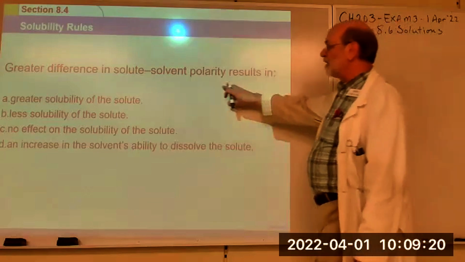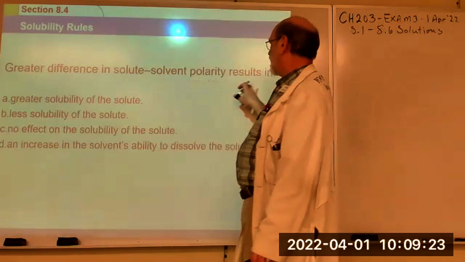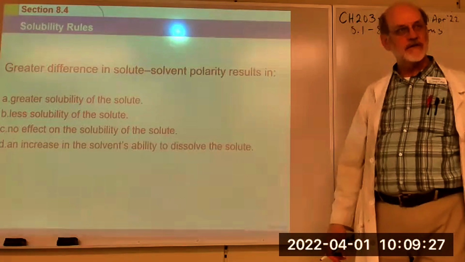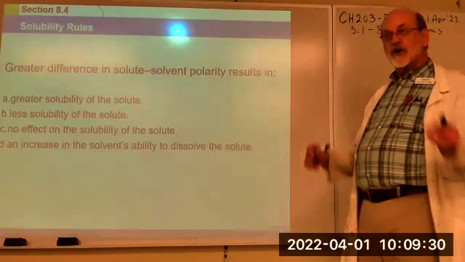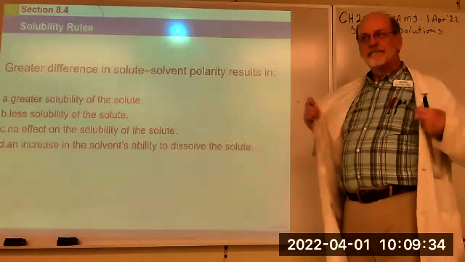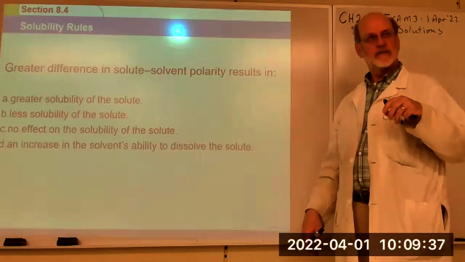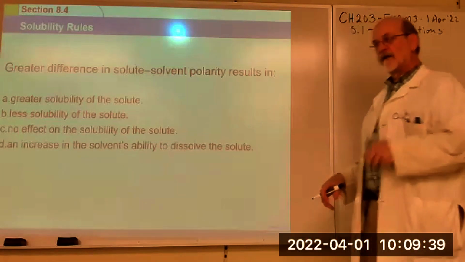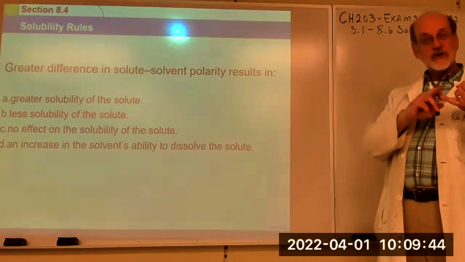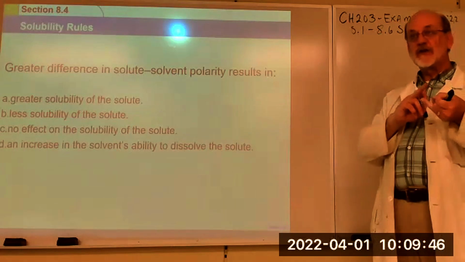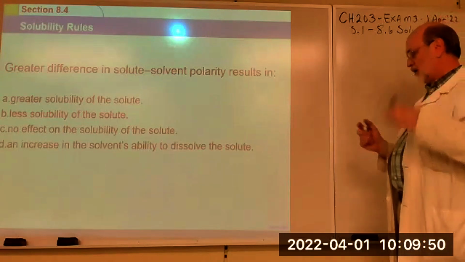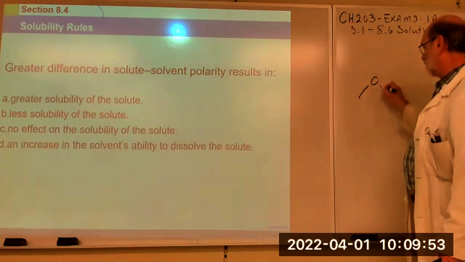So the greater the difference between solute and solvent polarity results in less solubility of the solute. If they're close to each other in polarity, then they're more likely to form a solution. Now, we did polarity earlier, didn't we? Remember, in order to determine the polarity of a molecule, you need polar bonds, and then you need to know the geometry to tell you if it's polar. Well, you know water is already polar.